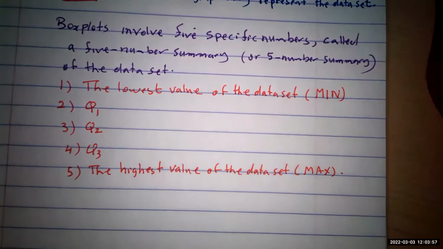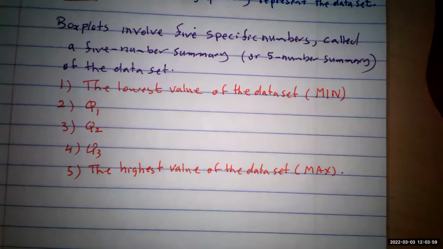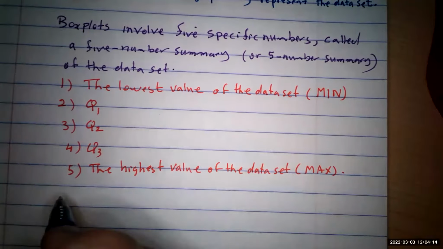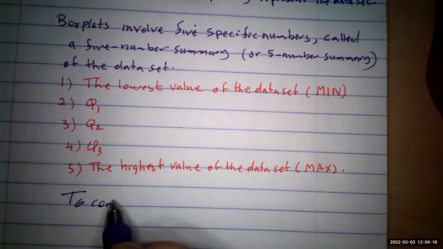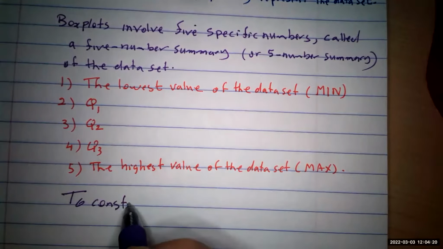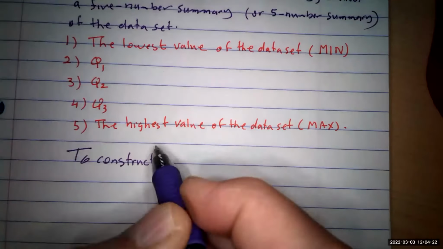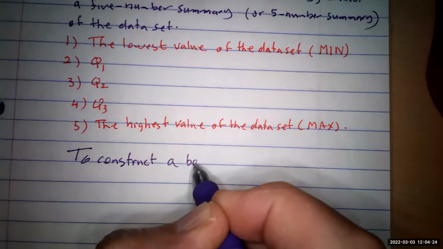So we have to find these numbers. Then we can construct the box as I did. You identify these five numbers on the x-axis and you get those bars on the top. So this is briefly how to construct a box plot.